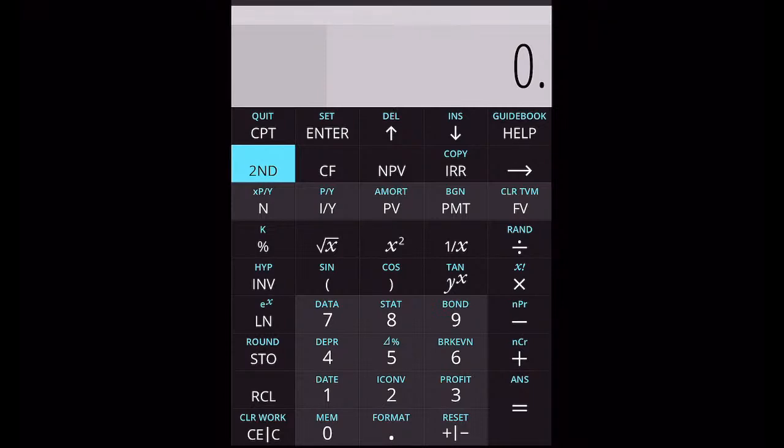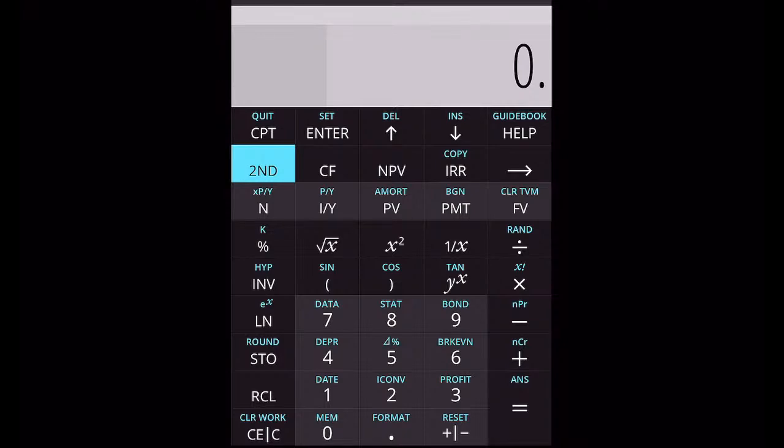Now what I want to do is recall 1 or recall 0. You see, hitting recall, I can pull up the numbers in memory. So you can see that in memory 0 I have 10, in memory 1 I have 100. I can see it there in the worksheet, or I can put them on the screen to make calculations.